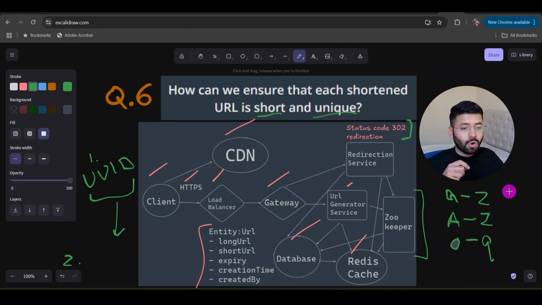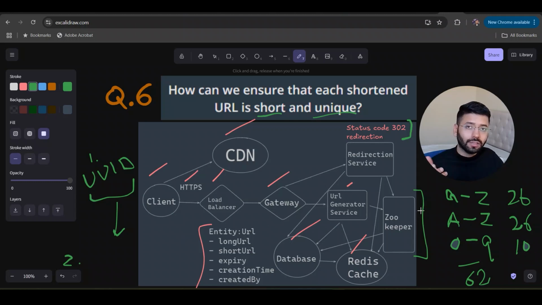A to Z in small would be 26, similarly A to Z capital would be 26, and 0 to 9 would be 10. Adding all three of these, 26 plus 26 is 52, plus 10 gives 62.